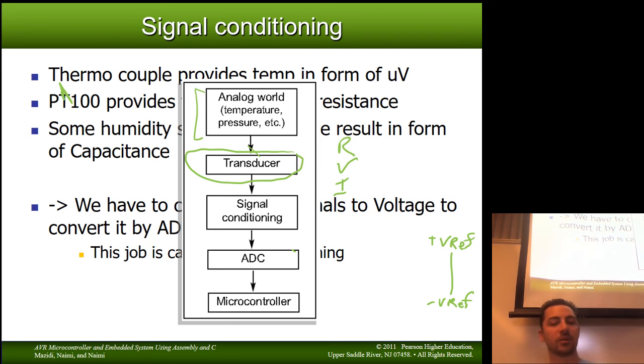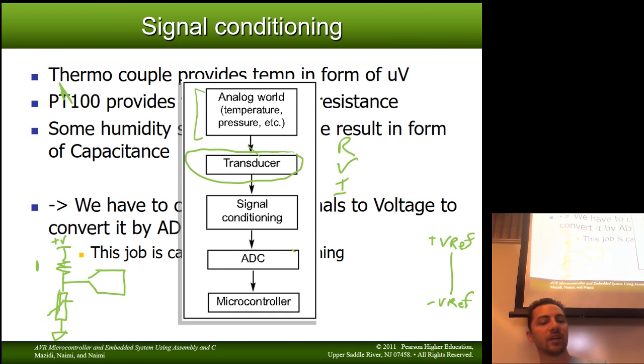Okay? Now, if it's a resistor that changes resistance, that's a two-ended device. You could turn that into a voltage by putting it as part of a voltage divider, and that would go into your ADC.